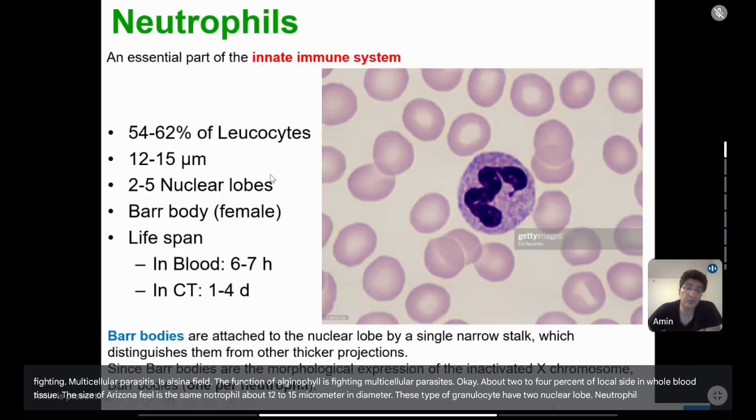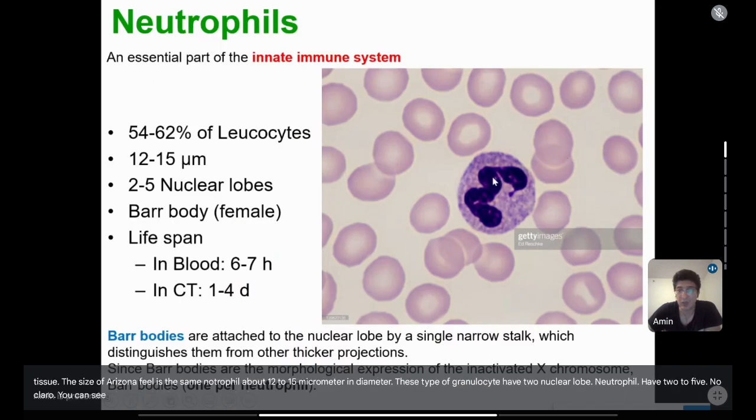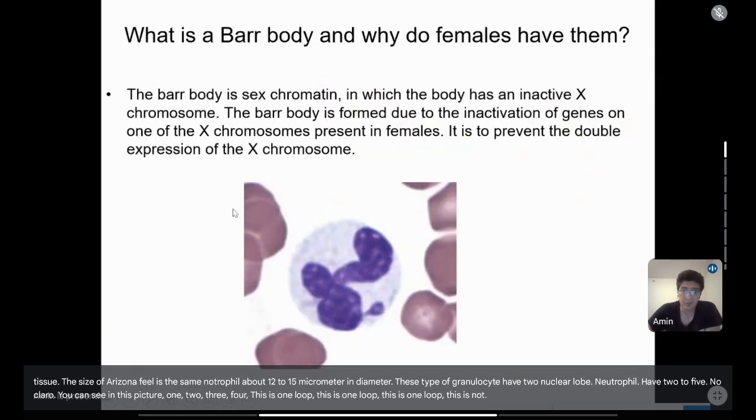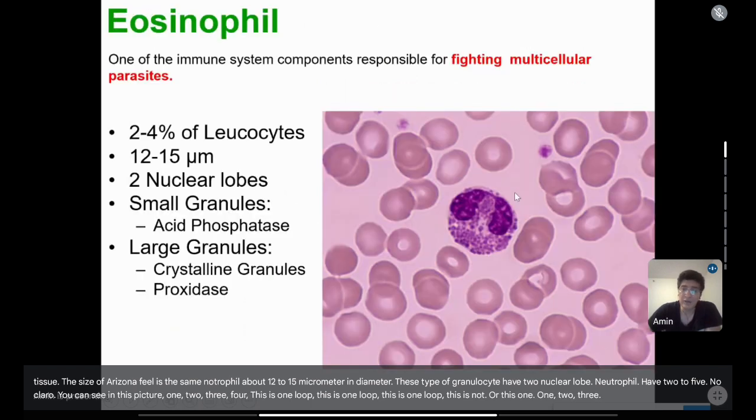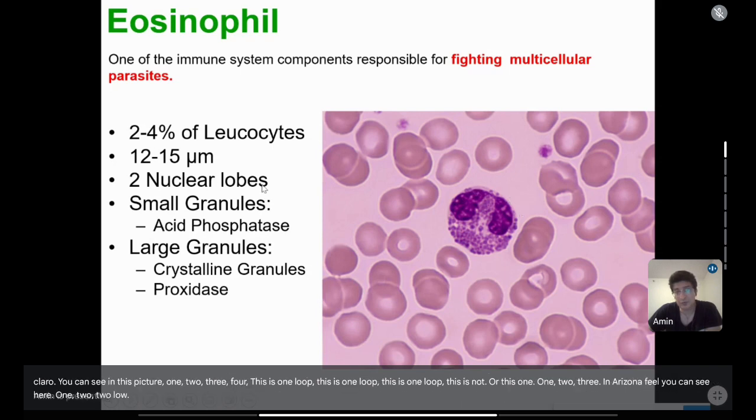Neutrophil has 2 to 5 nuclear lobes. You can see in this picture 1, 2, 3, 4. This is one lobe, this is one lobe, this is one lobe, this is another lobe. Or this one, 1, 2, 3. In eosinophil, you can see here 1, 2, two nuclear lobes.